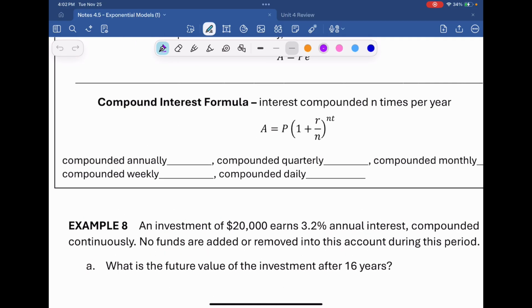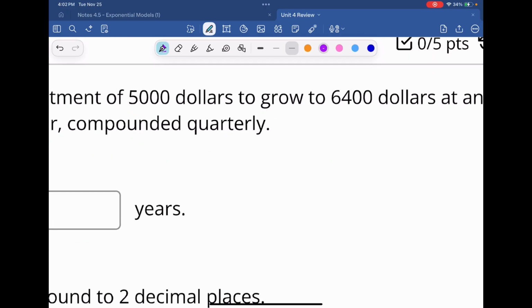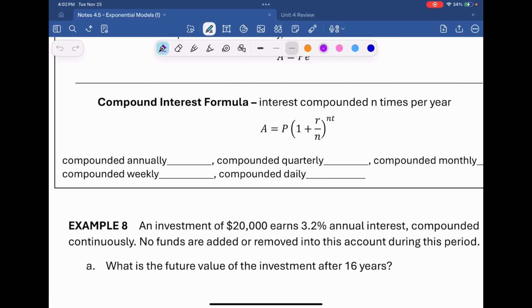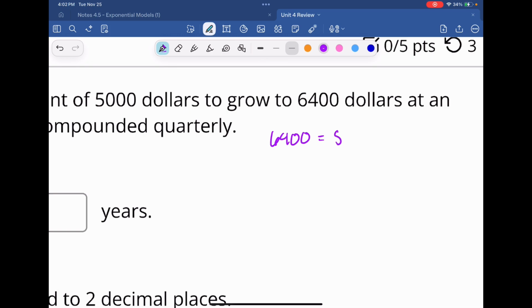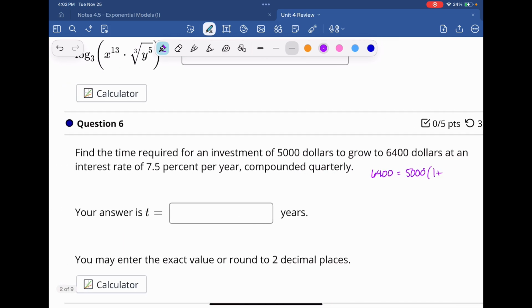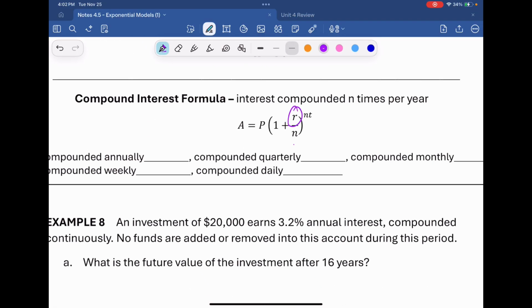It's this formula here. Okay, so we know 6,400. Principal is 5,000. Compounded quarterly. So it is rate over number of times compounded.